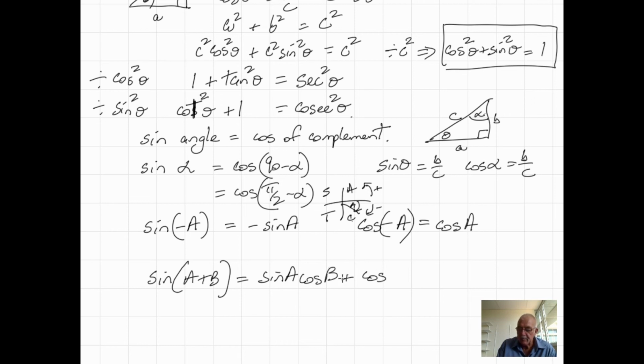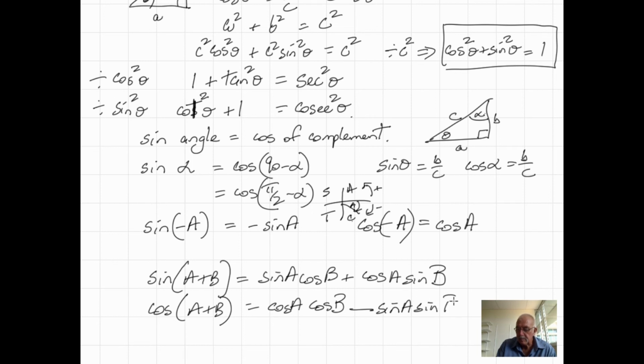And the cos of A plus B equals cos A cos B, and instead of a plus, it's a minus, sine A sine B. So there's one to remember.